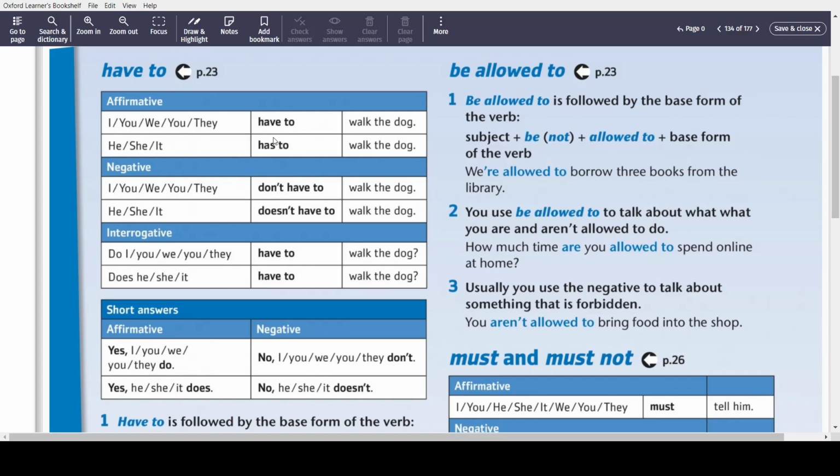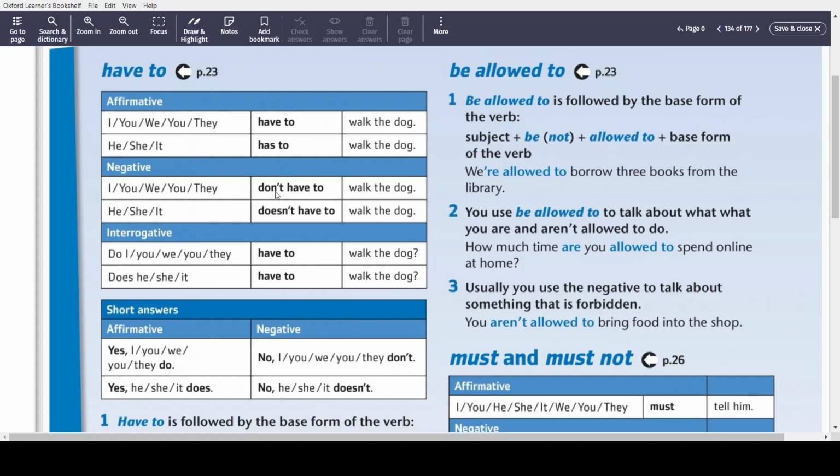In terms of meaning, these two words are the same, but we have to pay attention to the subject, the pronoun or the noun that we use at the beginning. For example, in this case it says, affirmative, I have to walk the dog, and she has to walk the dog, okay? I express obligation in both cases.